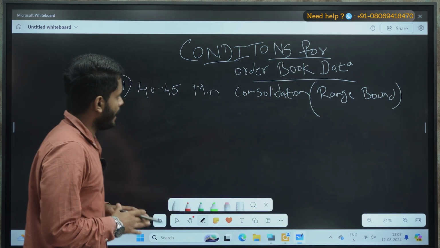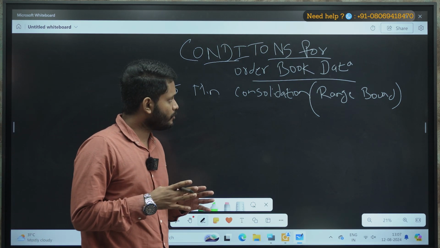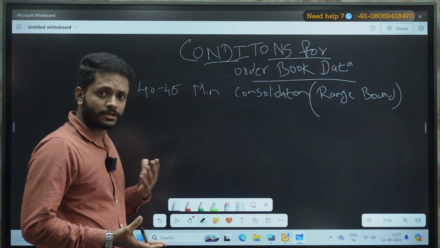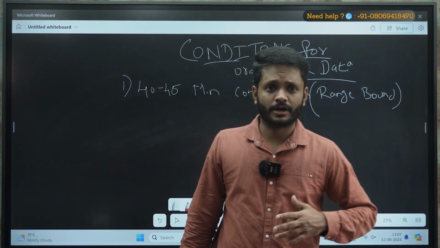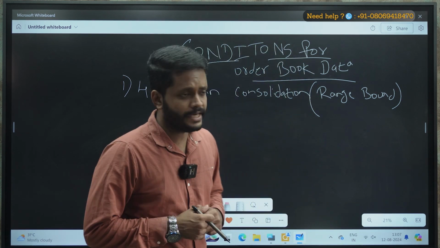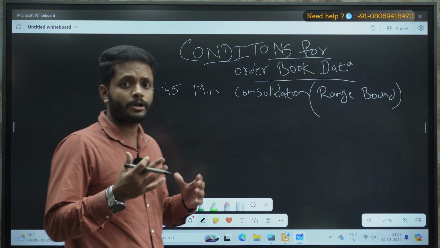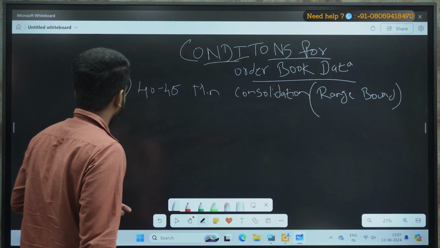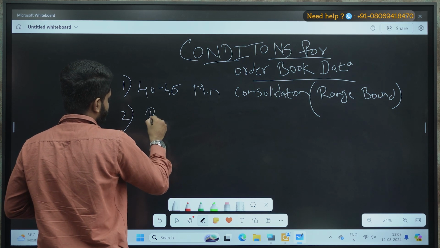The more the consolidation, say if it lasts 1 hour, 1.5 hours or 2 hours, it's definitely a good sign, because the more the consolidation, the stronger the breakout or breakdown will be.